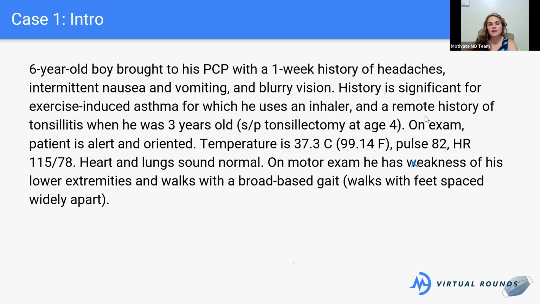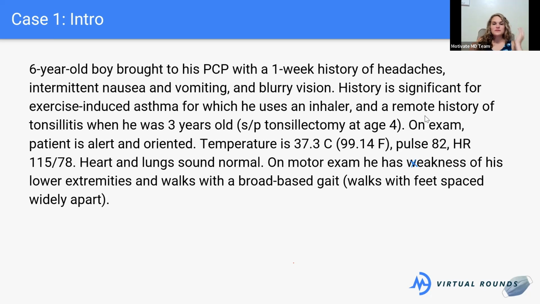On exam, he is alert and oriented. His temperature is 37.3, his pulse is 82, and his blood pressure is 115/78. Heart and lungs sound normal, and on motor exam, he has weakness of his lower extremities, and he walks with a broad-based gait. Basically, he walks with his feet spaced widely apart, essentially trying to steady himself.